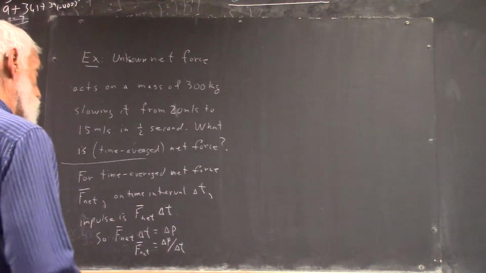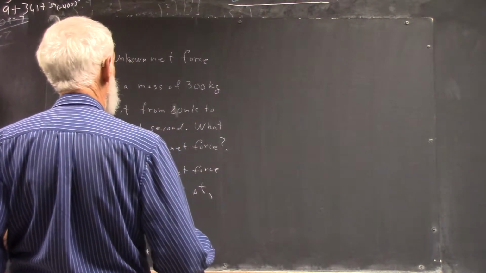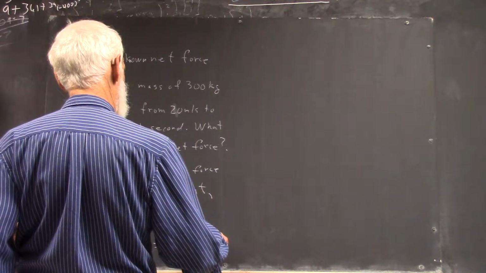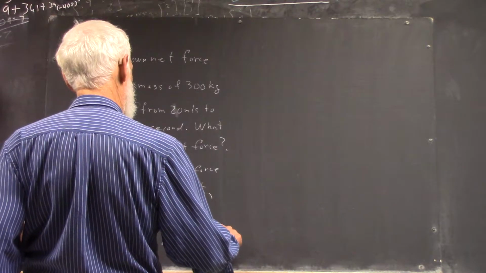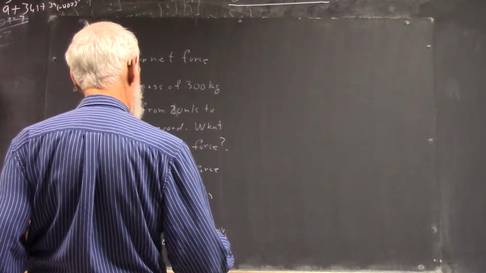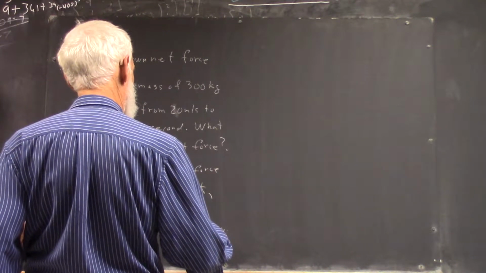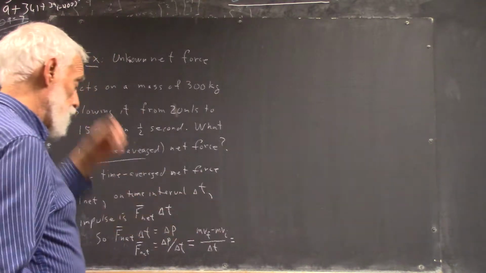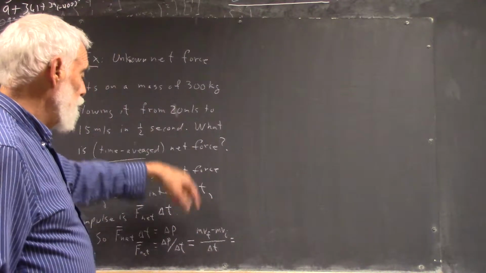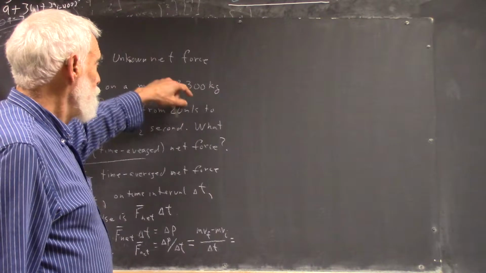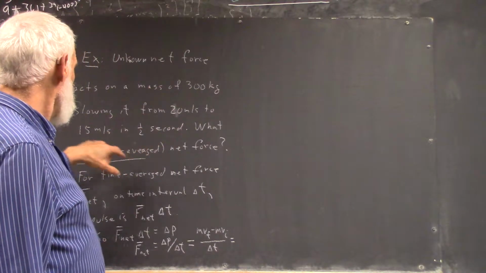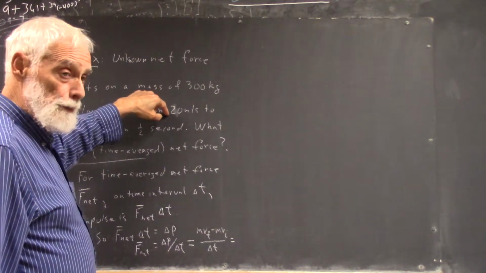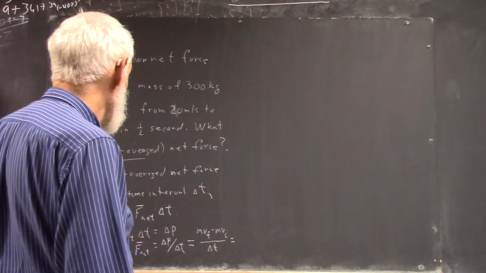In this case, delta P is MVF minus MVI, and you can figure that out as easily as I can, so I'm not going to write out the details. MVF is 300 kilograms times 15 meters per second, and MVI is 300 kilograms times the initial velocity, 20 meters per second.